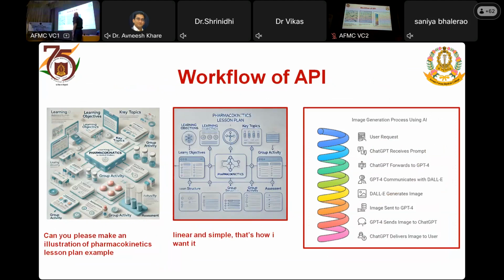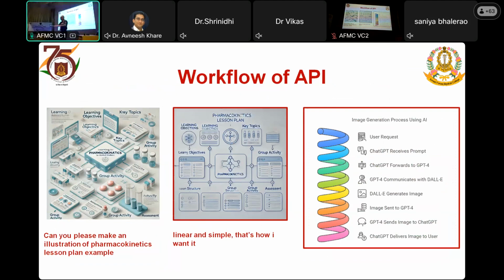But I could see that it had an extension of DALL-E, which is another AI model. So again, I asked, what does DALL-E have to do with you? ChatGPT told me that it sent my request to DALL-E, which made this picture. In this case, I did not communicate between ChatGPT and DALL-E. They communicated automatically through API.